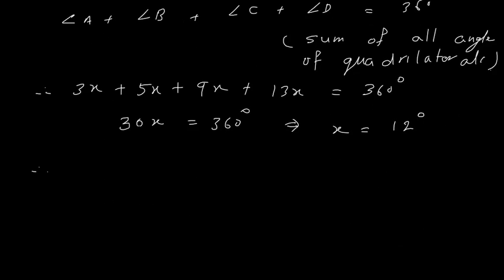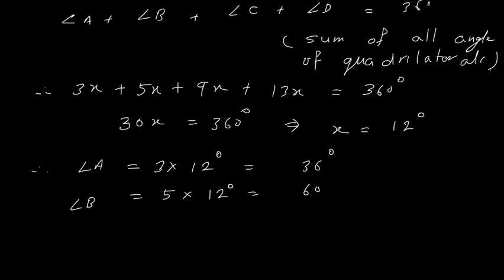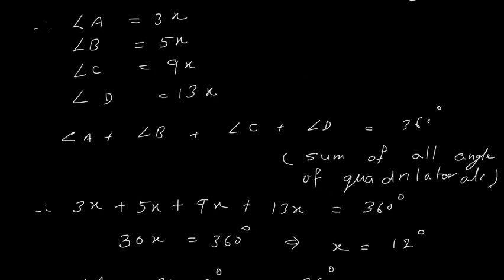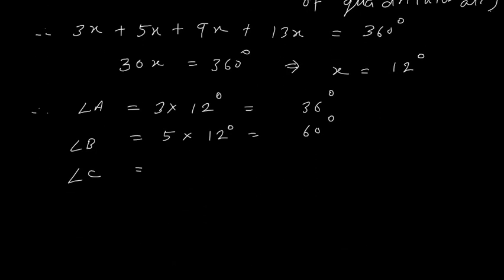Therefore, the value of angle A is 3 into 12 degrees, that is 36 degrees. Angle B will be 5 into 12, that is 60 degrees. Angle C will be 9 into x, 9 into 12, that is 108 degrees.